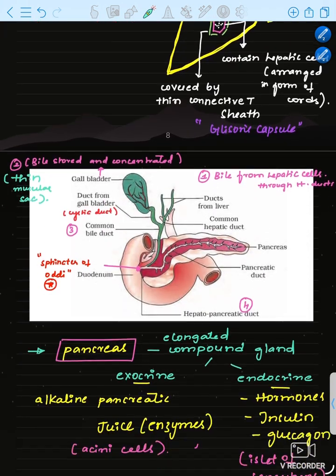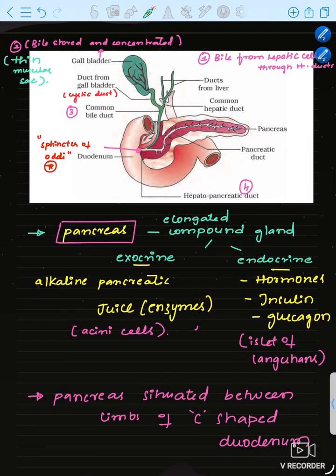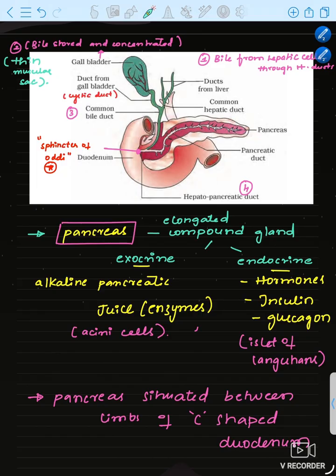Okay, now this is so simple. We are discussing the digestive glands, in that liver, and now see, I have mentioned the process step by step. Now liver will secrete the bile. Okay, for example, you imagine this as a liver.